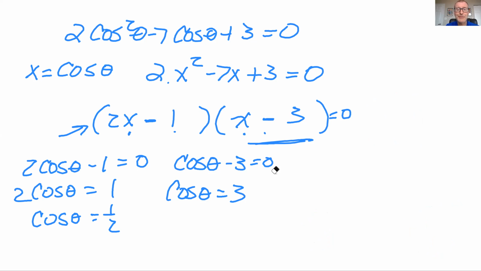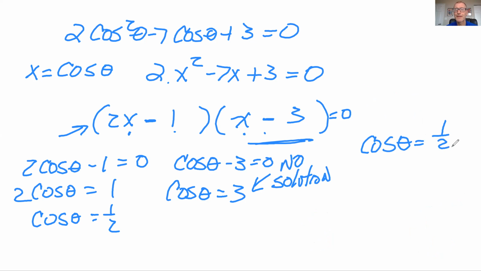I think the good news is, what is the answer for cosine of theta equals 3? Again, that's no solution because cosine's maximum value can be +1. But we do have cosine of theta equals 1/2. And remember, cosine is positive in what? Quadrant 1 and quadrant 4, right?